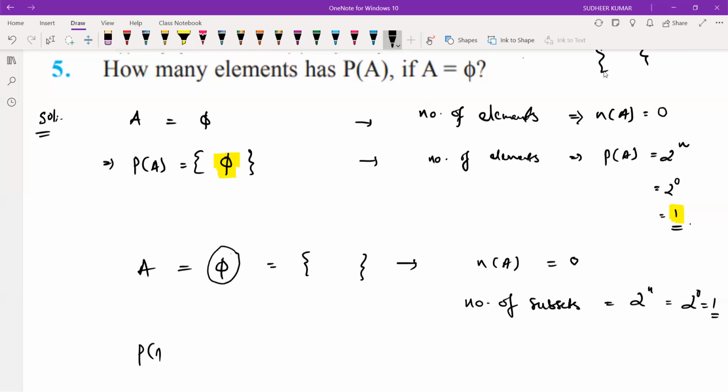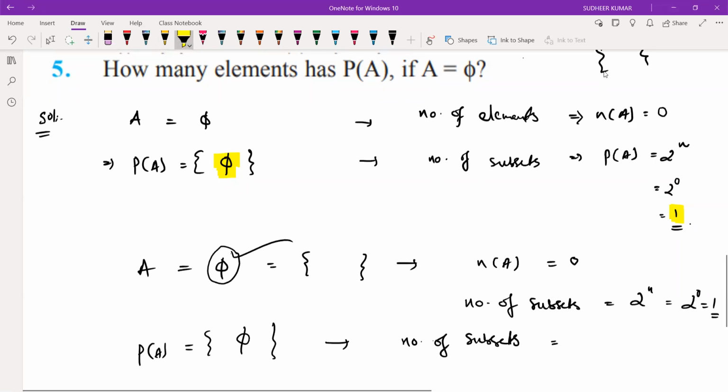Now the power set of A. As per the definition, the power set of A is the set of all subsets. How many subsets are there? Only one. How many number of subsets are there in this power set?